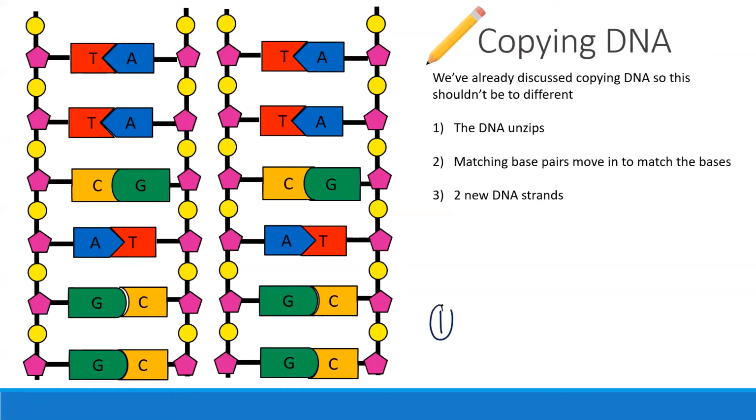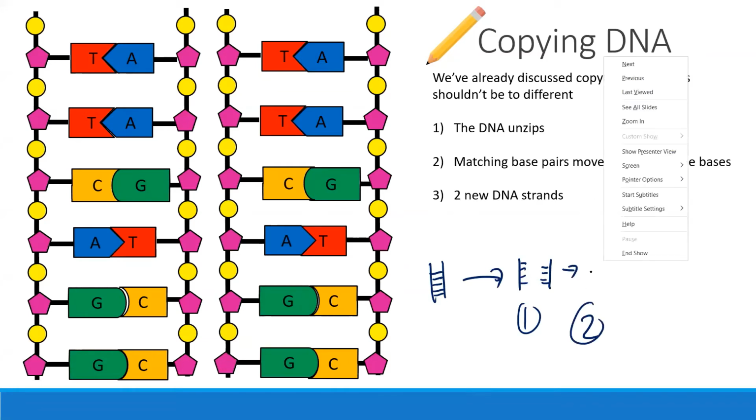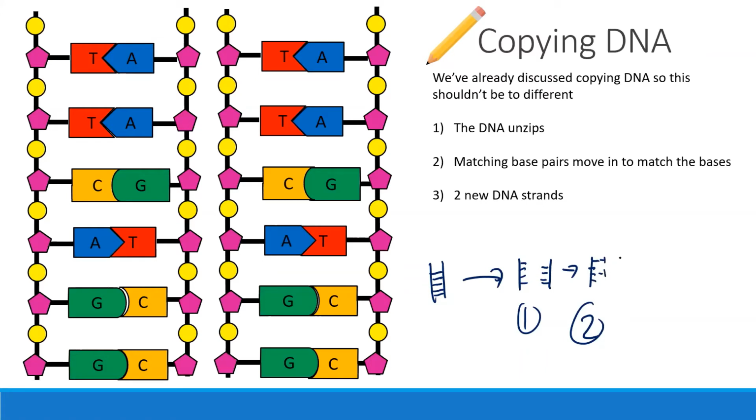Let's start off with a DNA strand joined together. Then we move to 1, the DNA unzips. Then we move to 2, which is the matching base pairs move in. And then I'm going to draw maybe like this, and maybe like this.